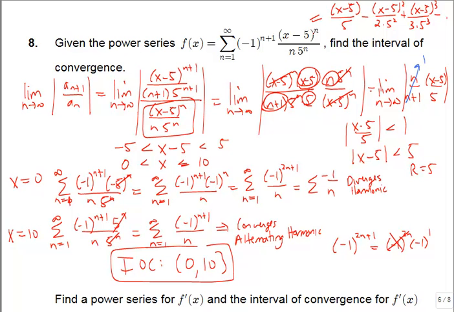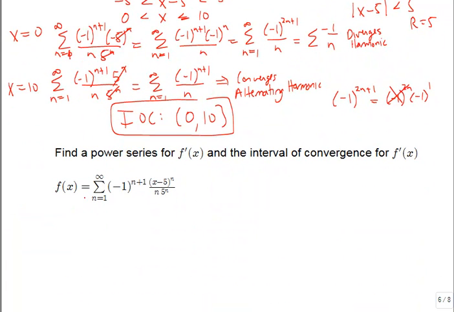Well, that's just a chain rule with a power involved. You bring down the power and then you subtract 1 from the power. The n and the 5 to the n in the bottom are just constants, so you're not going to take any derivatives of those. You're just doing the derivative of the x part only. So initially, if this is our original function f, then f prime of x is going to look like negative 1 to the n plus 1.